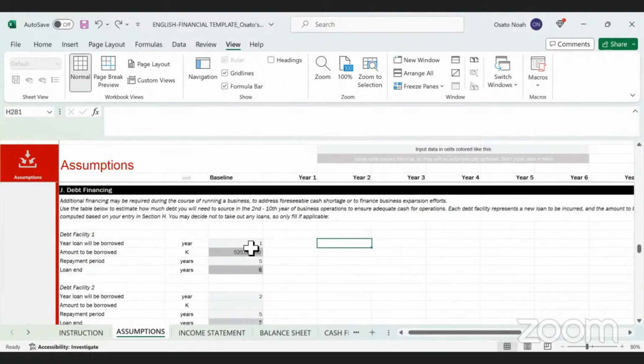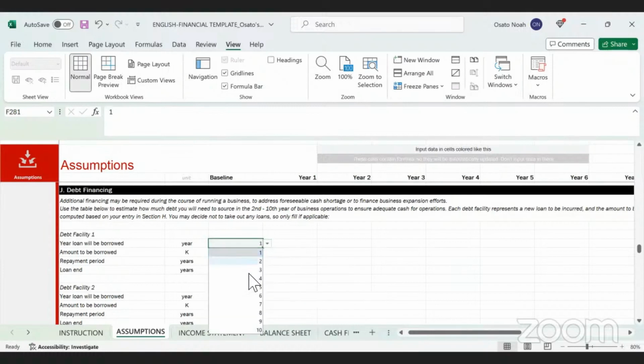Then the debt financing, what we said here is that we'll take the debt in year 1. We can also change it to year 2, but here we said, look, we are going to take the loan in year 1, and this is the amount of loan we'll need. We'll pay back in 5 years, and then the loan will end in year 6. These automatically compute themselves. Once you pick, you can change the year, but the others, all you need to do is just change the year you are picking the loan.